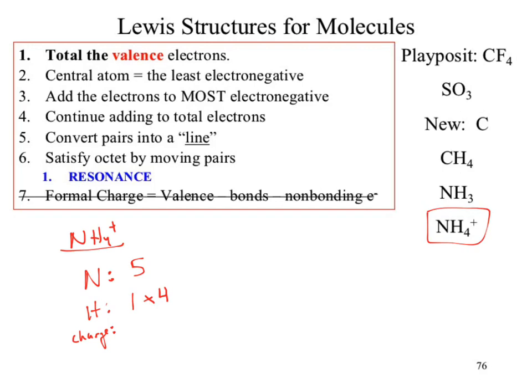How did I become positive? Okay, I added a proton. Could we add a proton? No. Protons change the identity of the elements. You cannot add protons. You also cannot remove them. The only thing you can add and subtract would be electrons. So to get a positive charge, what did I have to do?